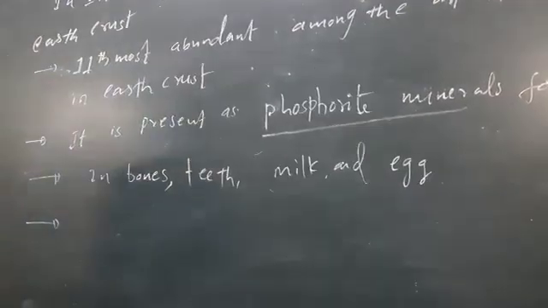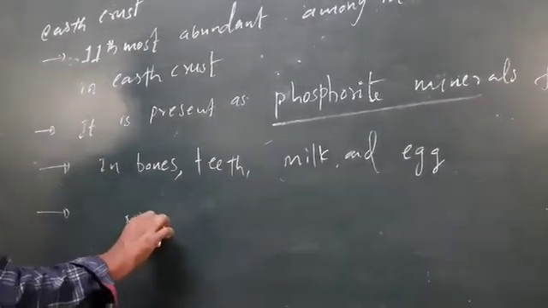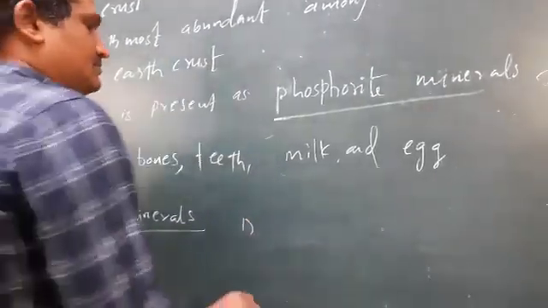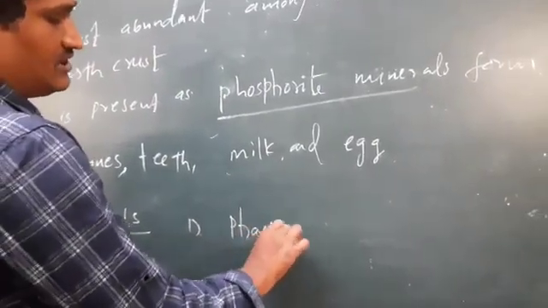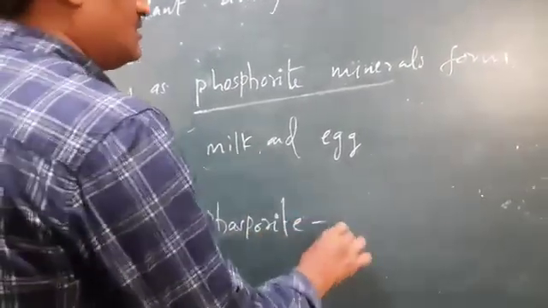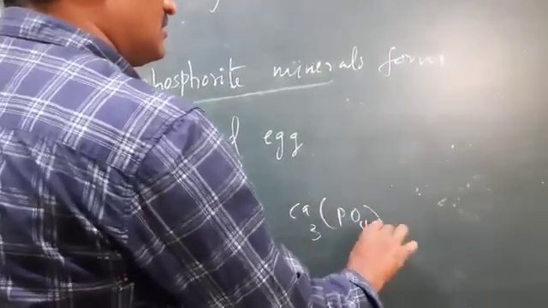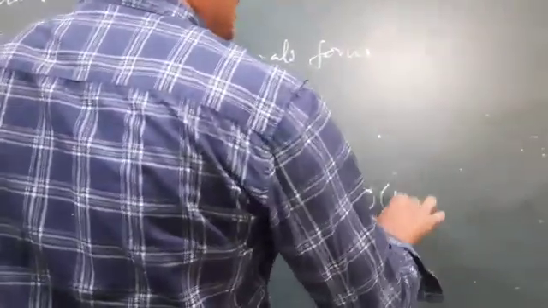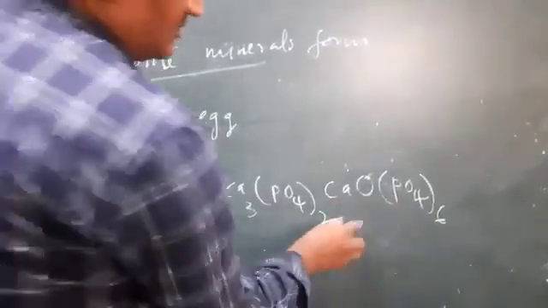Next, some phosphorus minerals. Number 1, phosphorite, calcium phosphate with calcium oxide, and PO4 taken 6 times. This is the phosphorite formula.